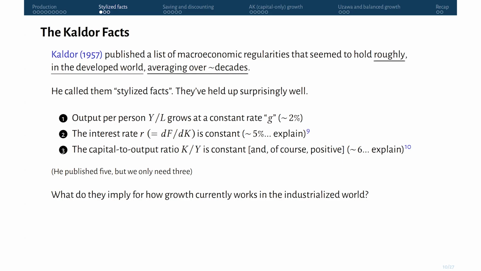Now, just these 3 facts turn out to have surprisingly many implications for how growth currently seems to work in the industrialized world. And of course, we're going to be thinking about what happens when the world changes a lot, seeing what could cause these facts to change and how radically they could change.